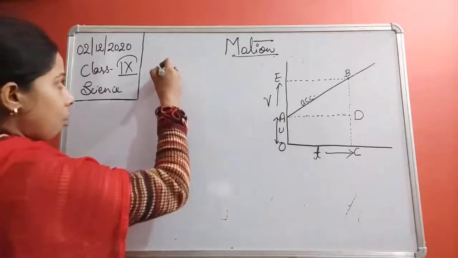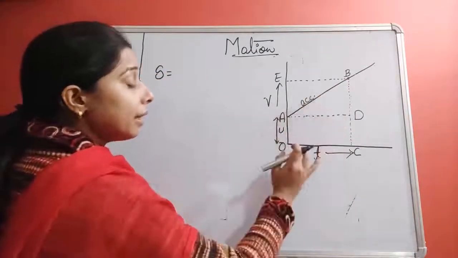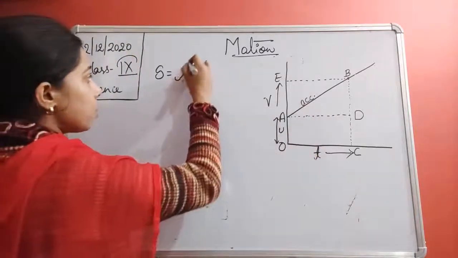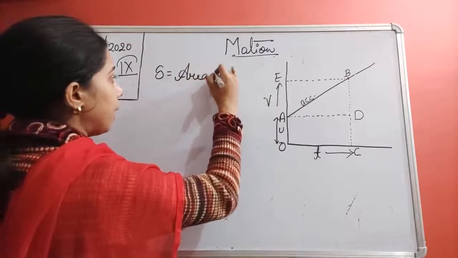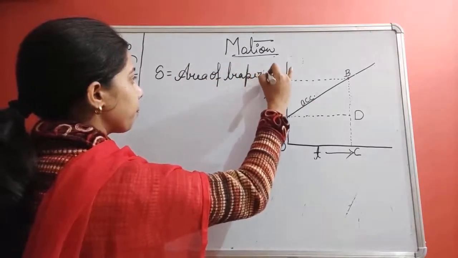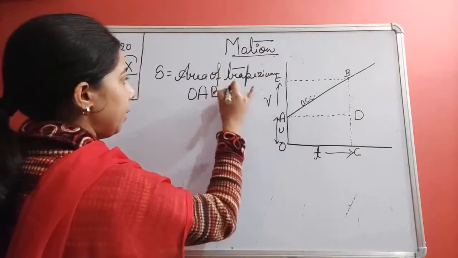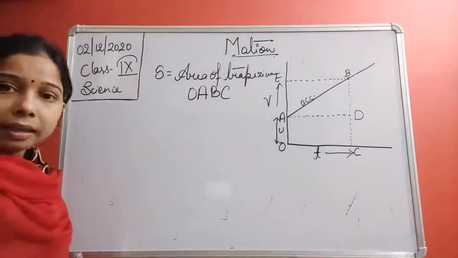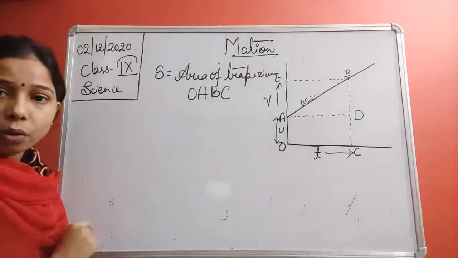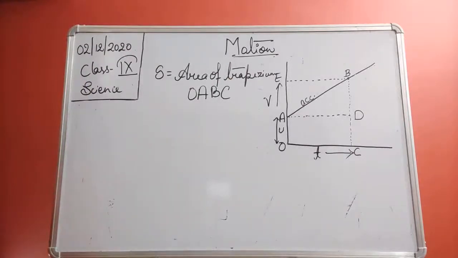If you look at this, you will find that this is a trapezium. So S will also be equal to the area of trapezium OABC. Either it can be a triangle and rectangle, or a trapezium overall. So we will find the third equation of motion in the same way.